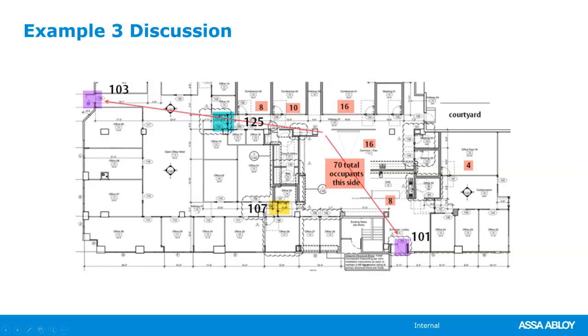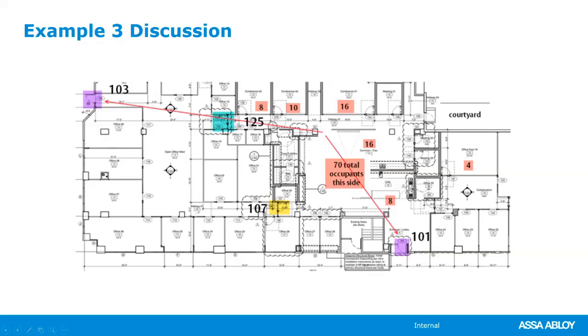This is a real live project that happened several years back. And I had a specification consultant reach out to me and say, how do I lock this door? Because technically this side of the door is the egress side. This side of the door is not the egress side, because from this side, you can exit through here to get to there, or you can exit out of here. But from this side, this is the egress side.